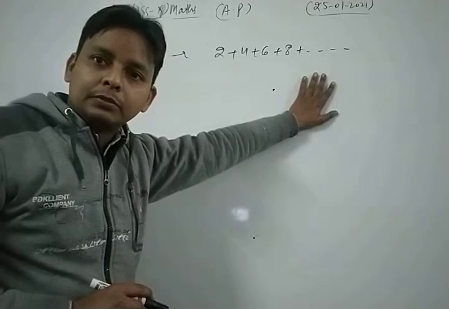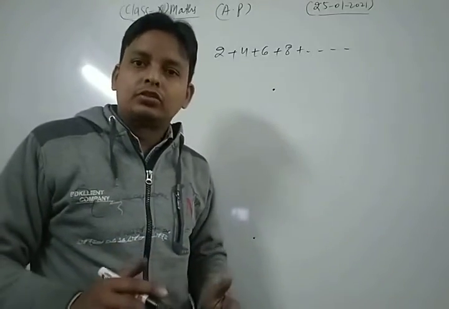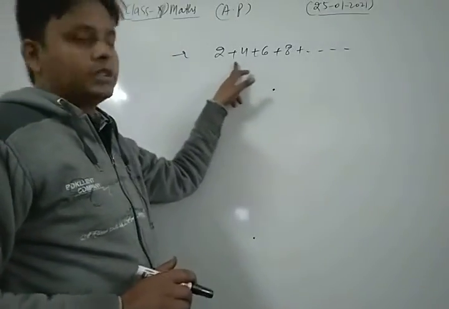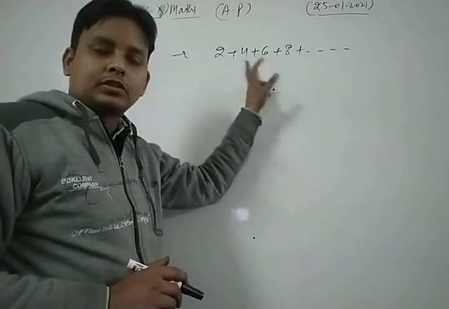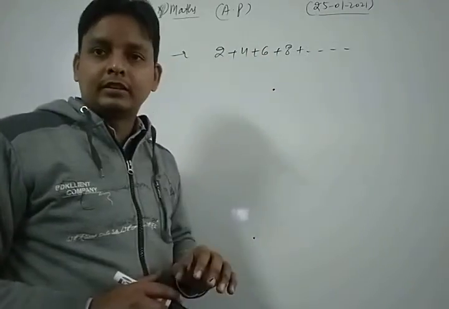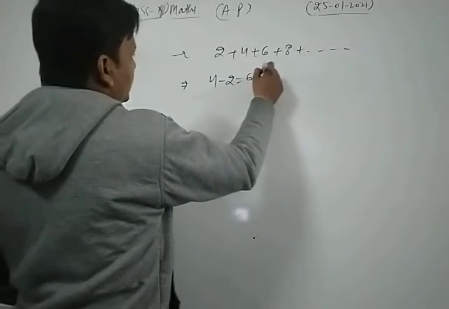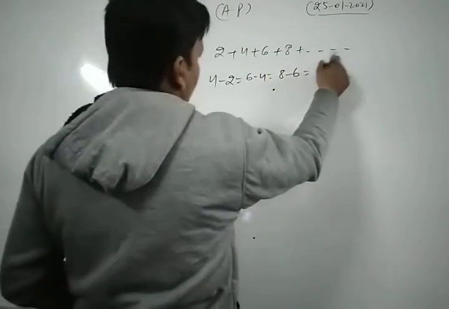Why is this an arithmetic progression? Dear students, because the difference between two successive terms remains constant. If we find the differences, 4 minus 2, 6 minus 4, 8 minus 6, each is equal to 2.